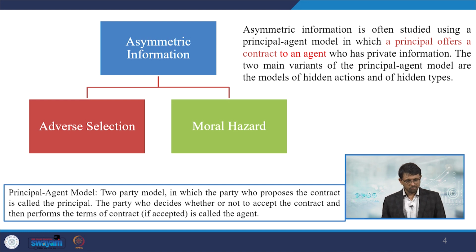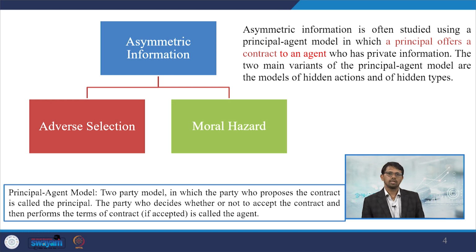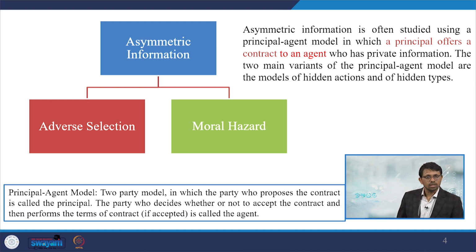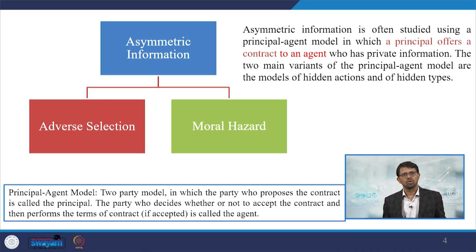In the principal agent model, precisely a two-party model, the party who possesses the contract is called the principal. The party who decides whether or not to accept the contract and then performs the terms of the contract, if accepted, is called the agent.